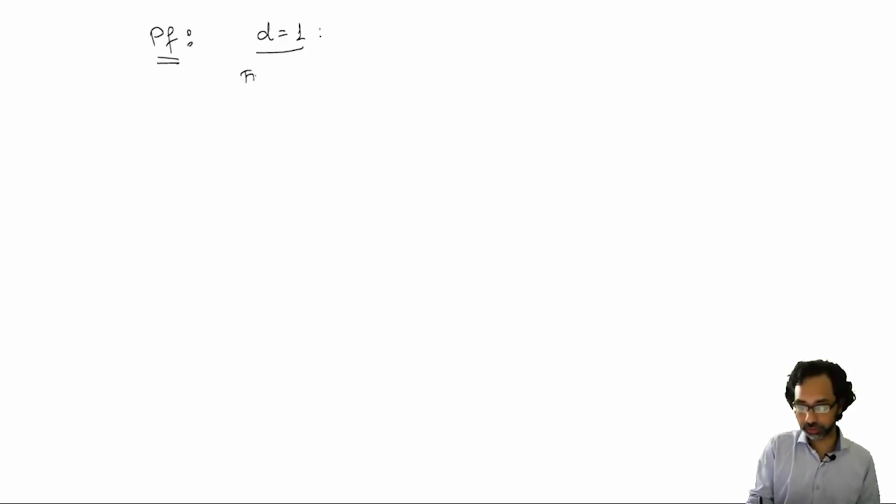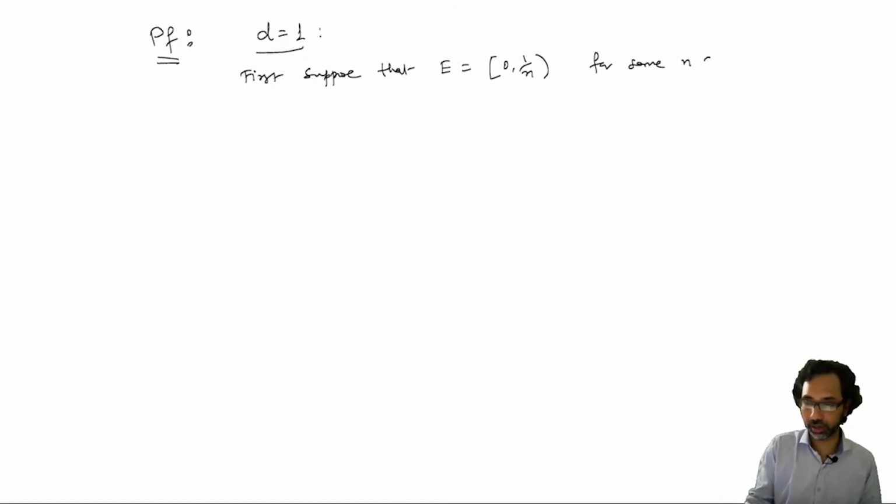So first, suppose that our E is the set [0, 1/n) for some natural number n. Now let us write our set [0, 1), closed at 0, open at 1, as the following union.